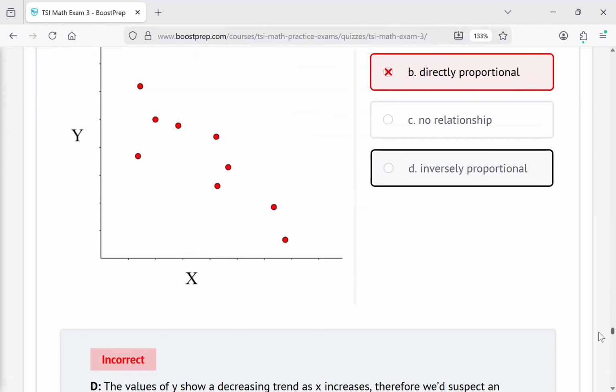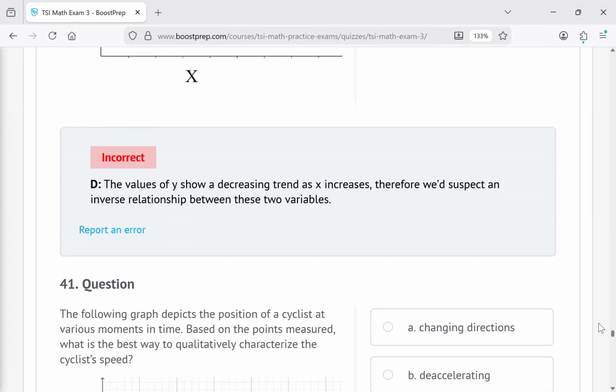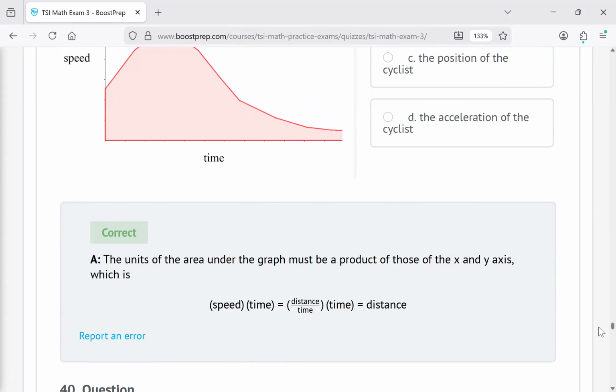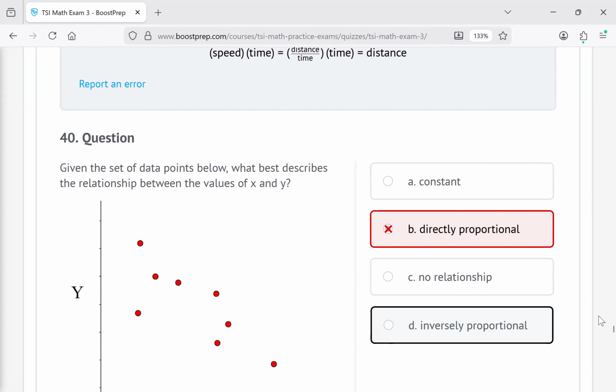Here we are. It's this question. So the correct answer is what? Oh man, I thought I picked directly proportional. That's what I said. It's actually inversely proportional.